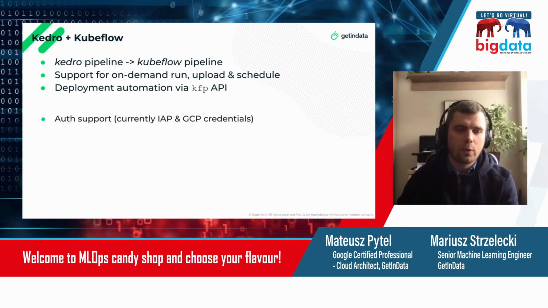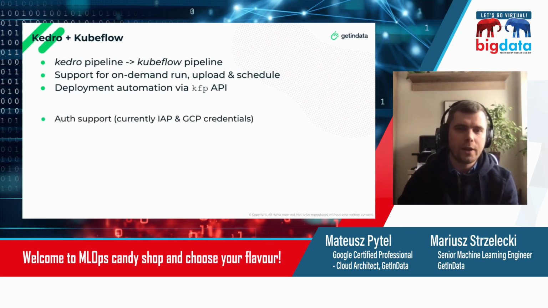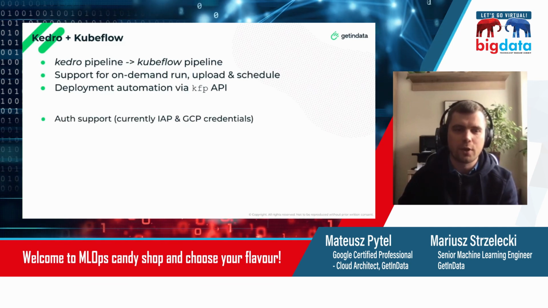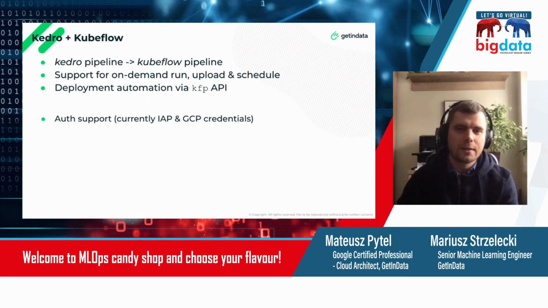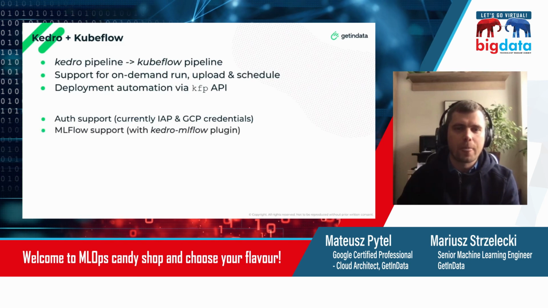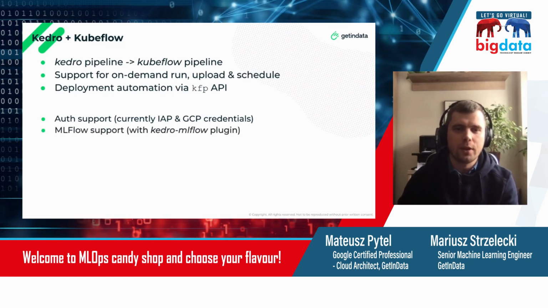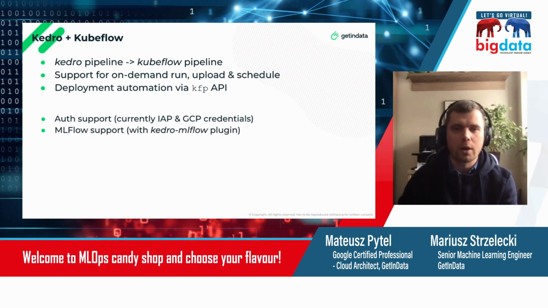Additionally, we support authentication. Currently, it's identity-aware proxy and Google Cloud credentials, because for development we use AI Platform Pipelines. And it supports the Kedro MLflow plugin. There are some extra steps to ensure that the results of the experiment are properly logged.